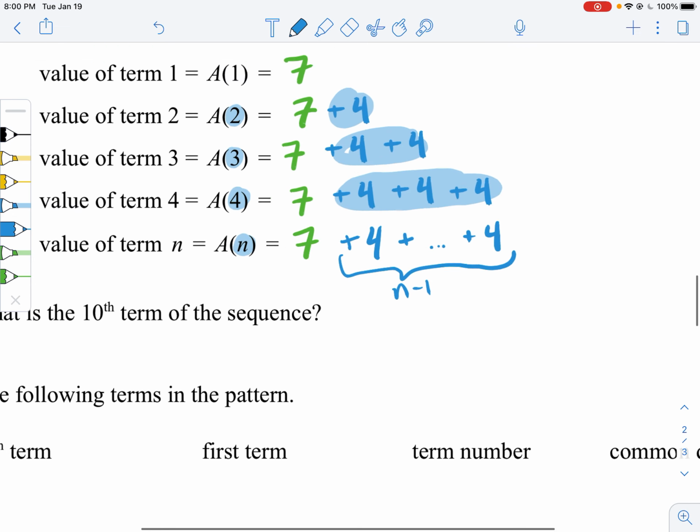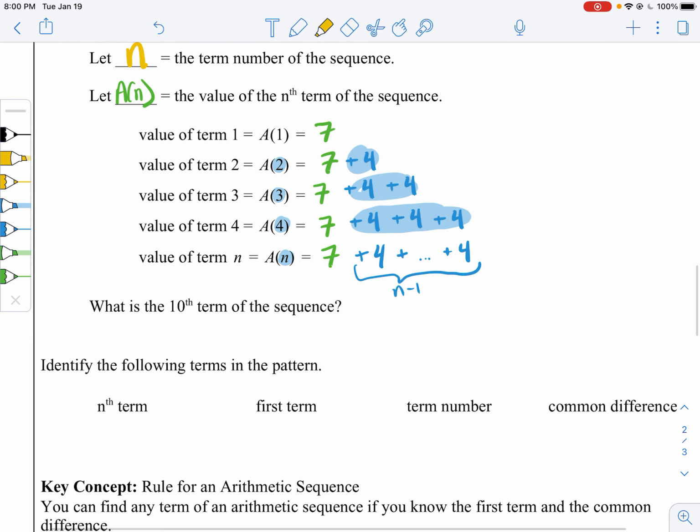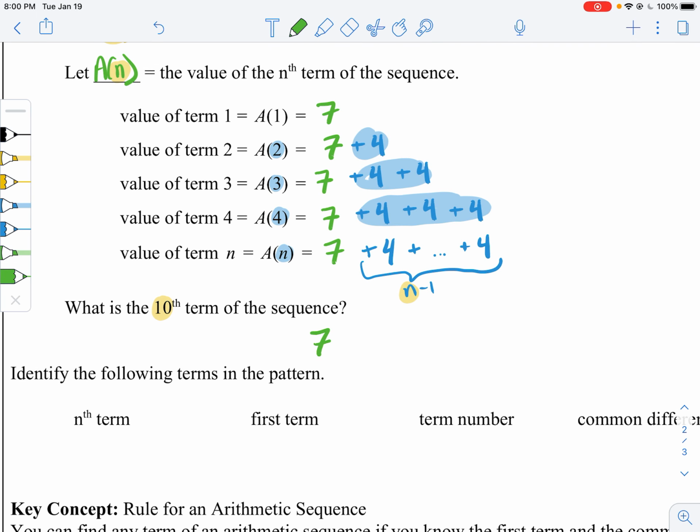So what's the 10th term of the sequence? Well, let's just let 10 be n. We're going to plug 10 in for n. Let's follow that same rule. So it's going to be 7 plus adding 4, not 10 times, but 9 times. There are 9 of them.